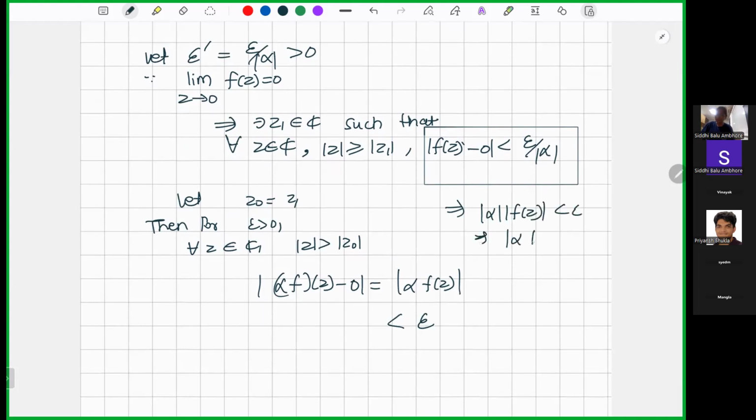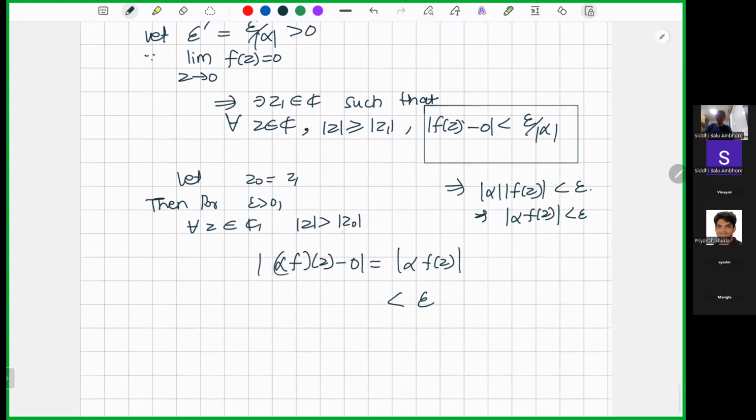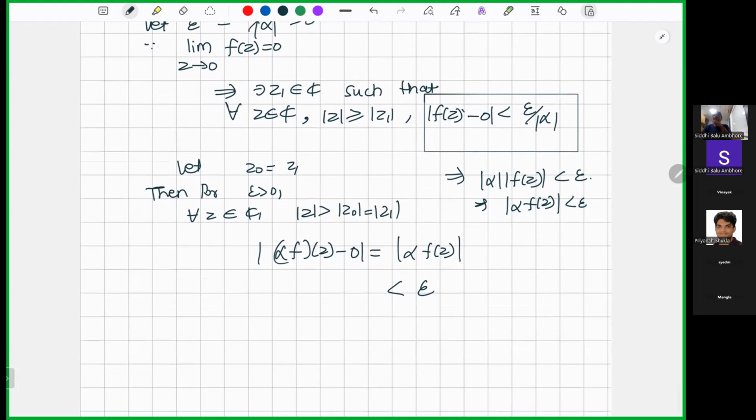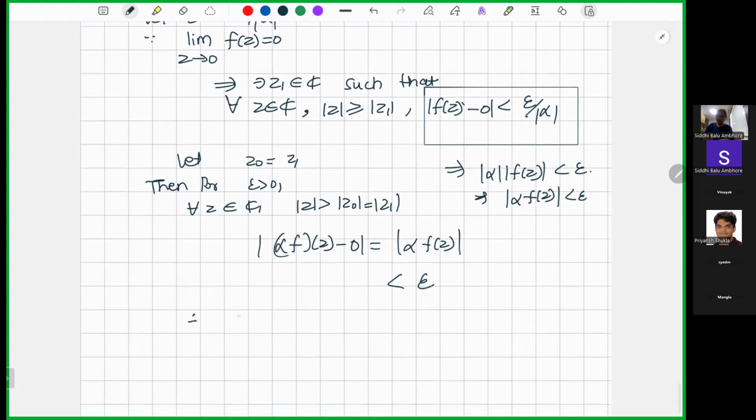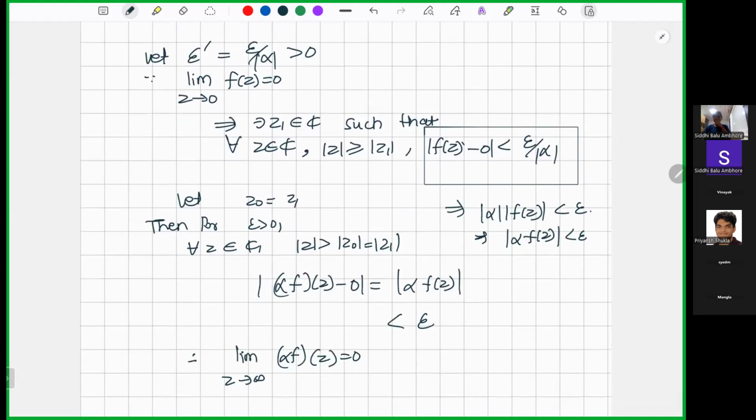This implies mod alpha f of z is less than epsilon whenever z is greater than or equal to this z naught, which is z1. Okay, and so therefore the limit as z goes to infinity of alpha f of z is 0. Okay, any doubts here?